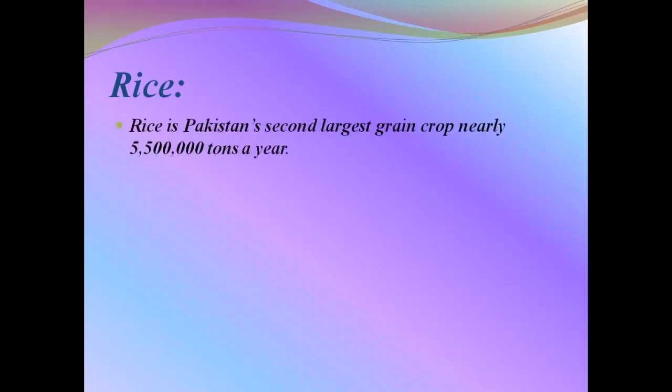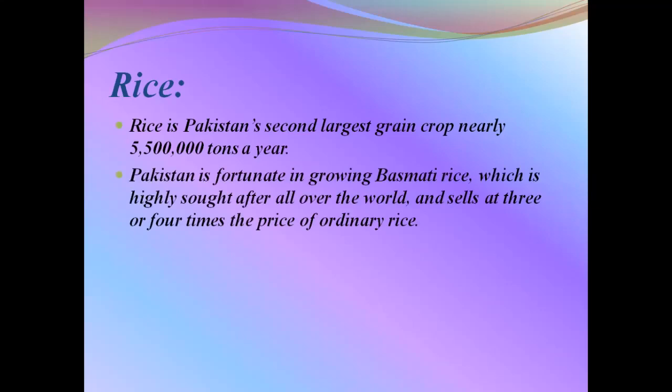So the next thing that Pakistan exports to other countries is rice. Rice is Pakistan's second largest grain crop, nearly 55 lakh tons a year. Pakistan is fortunate in growing basmati rice, which is highly sought after all over the world and sells at 3 or 4 times the price of ordinary rice.